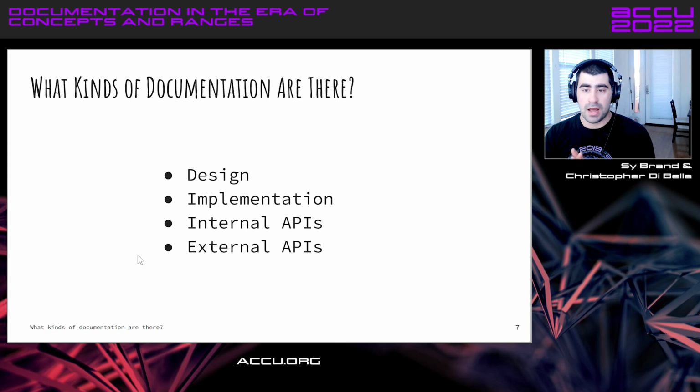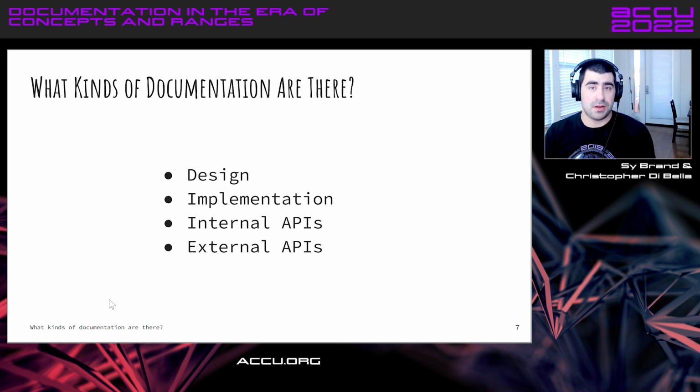Right, so before we start, we should probably identify what kinds of documentation there are. And we understand there to be four broad categories of documentation. The first of which is called design, and that really details things like design documents, talking about how we're going to actually address the big problems and why we want to address them in this way.